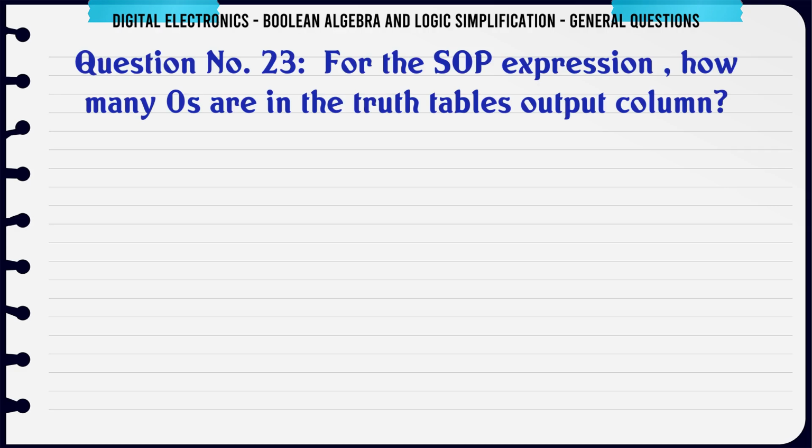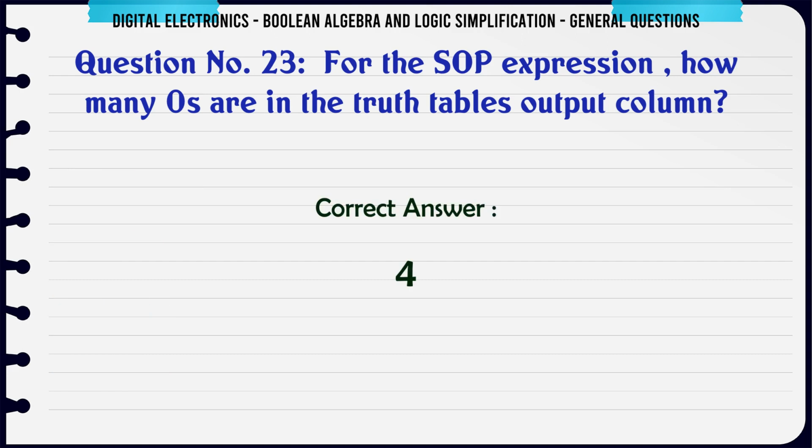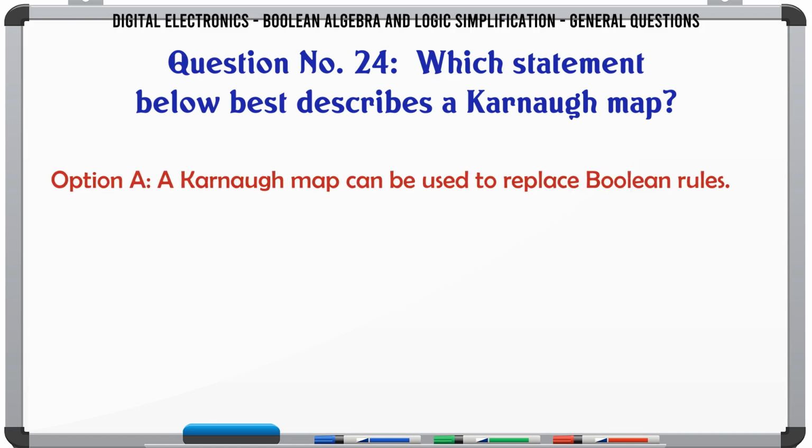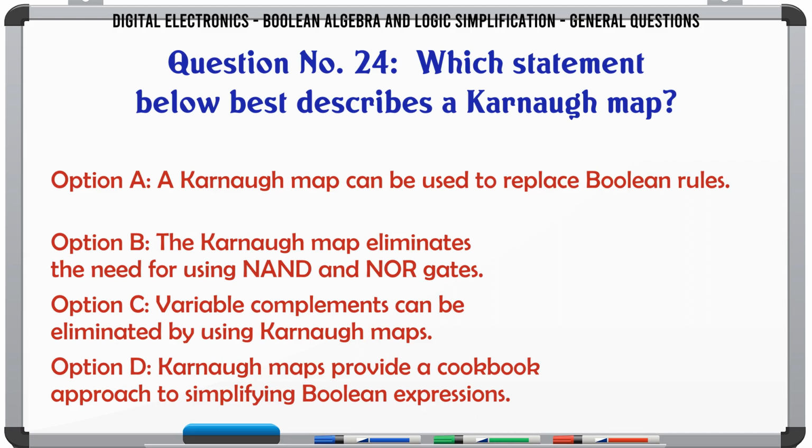For the SOP expression, how many zeros are in the truth table's output column? A, 0, B, 1, C, 4, D, 5. The correct answer is 4. Which statement below best describes a Karnaugh map? A. A Karnaugh map can be used to replace Boolean rules.